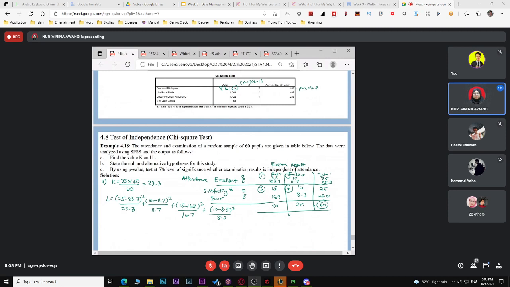Okay, so then you will get the value for your L. So what will be the value for your L? 0.8923.